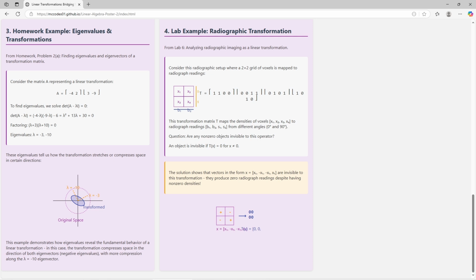Certain patterns of tissue densities can be completely invisible to the machine, as we saw from this question in the lab. So it's like having a specific arrangement of objects that doesn't cast a shadow, right? No matter how many angles you look at it, there's a blind spot. And this has huge implications for medical imaging because there's limitations to what our machines can even detect, right? Which is very key. It can miss things.